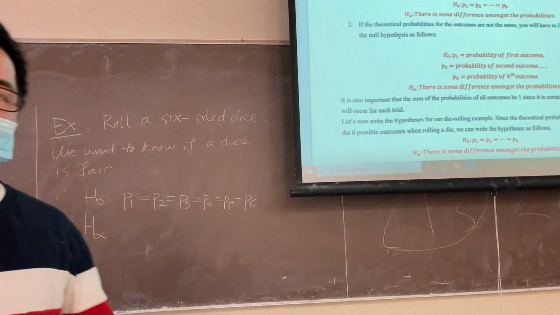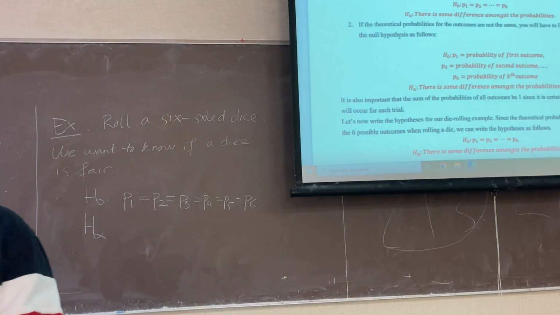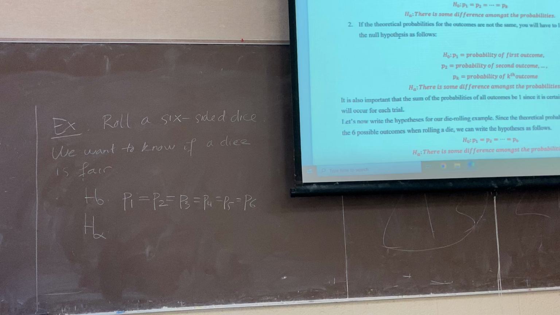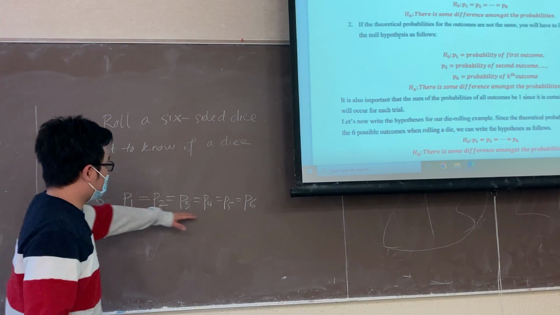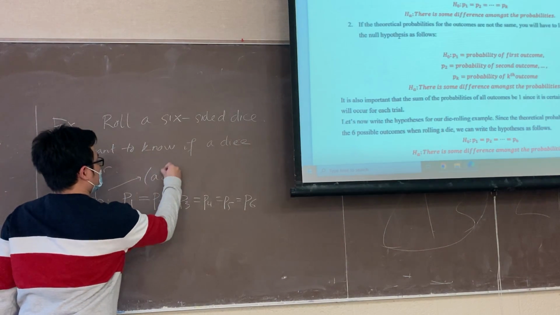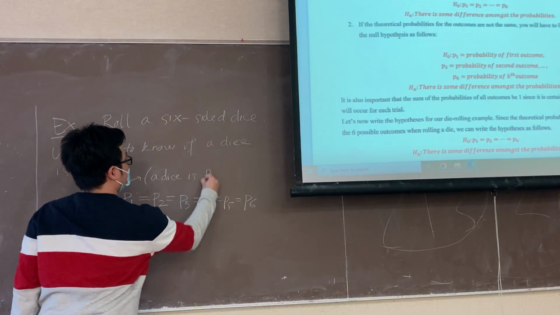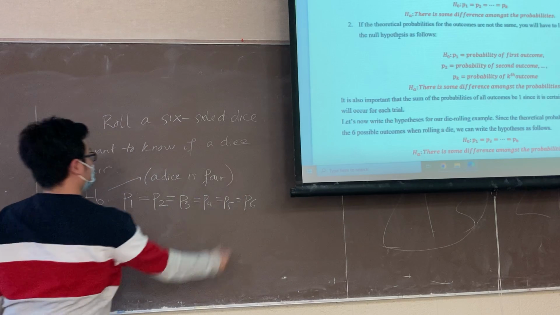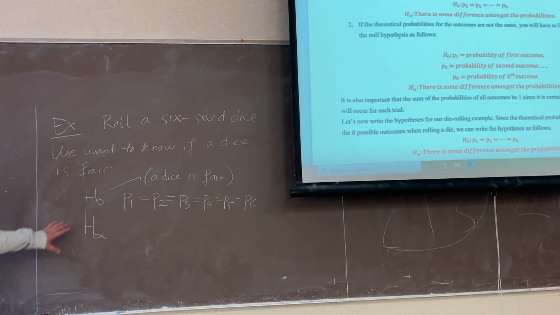I want the chances of the values to be equal. The probability to get the value 1 is equal to the probability to get the value 2, something like this, and all the probabilities here are equal. That means the die here is fair. Okay, that's the null hypothesis.